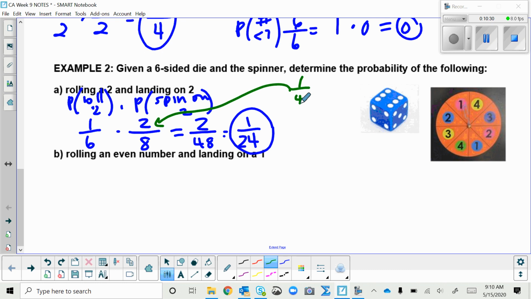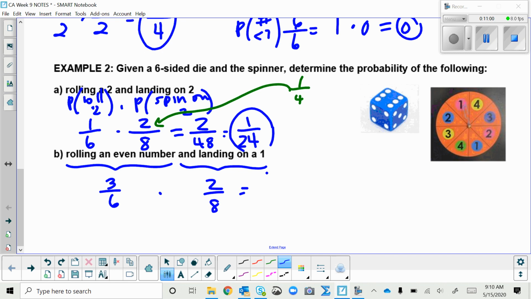Okay. So pause the video and do B by yourself. So the probability that you roll an even number, we said before, is 3 out of 6. And the probability of landing on a 1 is 2 out of 8. And we multiply those.